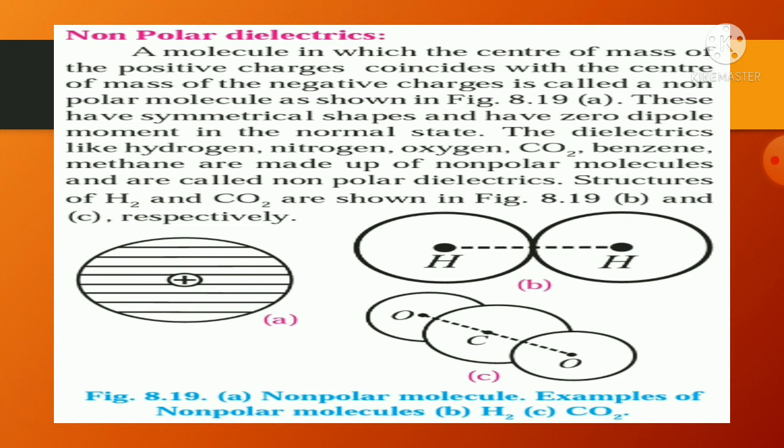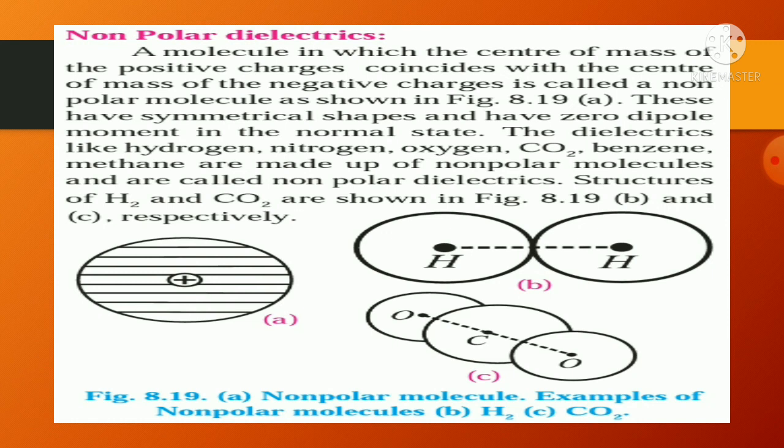The structure of the hydrogen molecule and carbon dioxide molecule is shown in figure 8.19b, below. In this diagram, two hydrogen atoms bond with each other to form a hydrogen molecule.